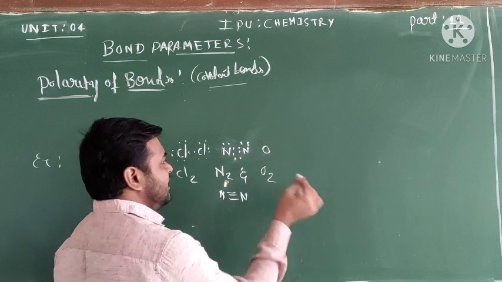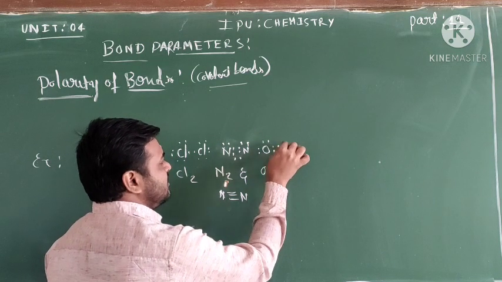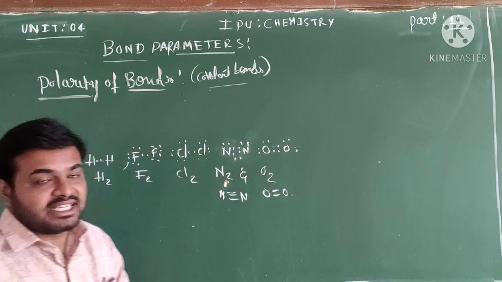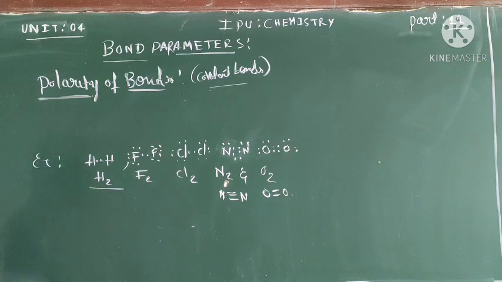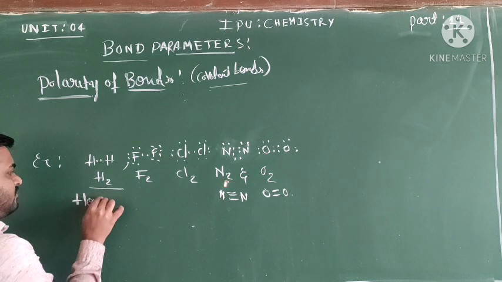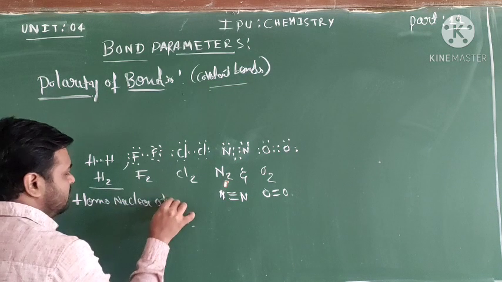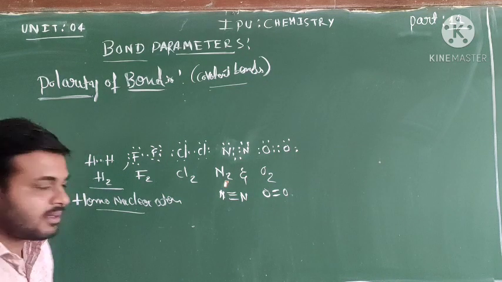Oxygen has 6: 1, 2, 3, 4, 5, 6, and 1, 2, 3, 4, 5, 6. But you take only the concept of homonuclear atoms, same atoms.